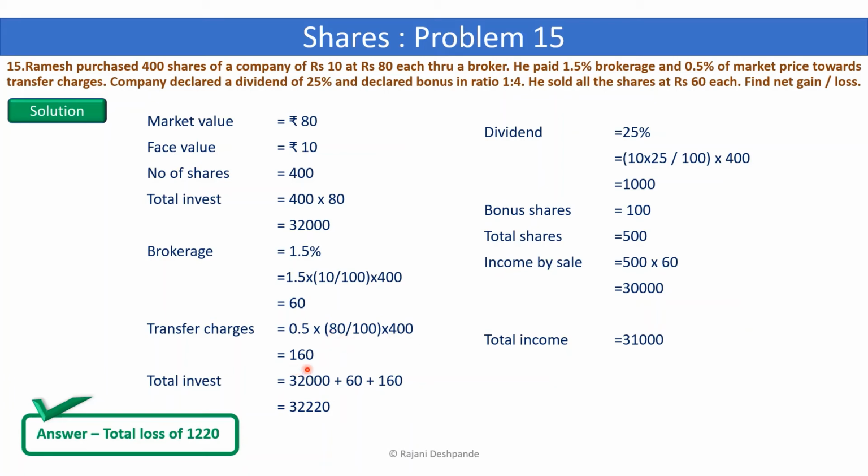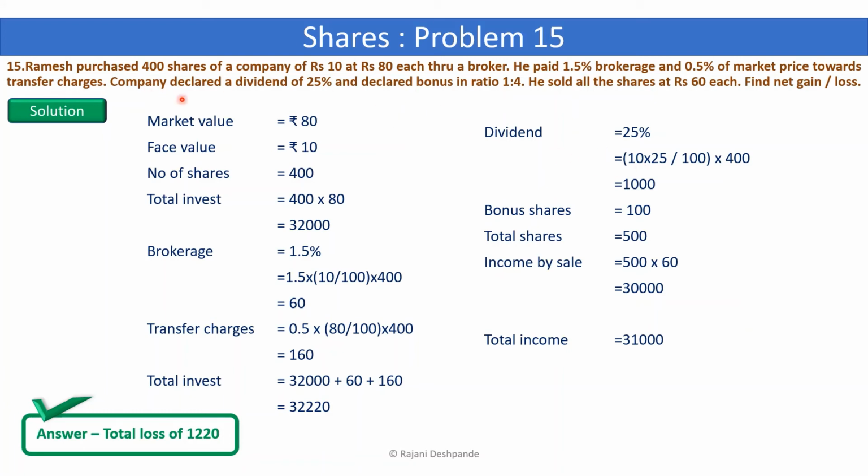So it is 160. So the total investment here is, he paid 32,000 for the shares, 60 rupees as a brokerage and 160 rupees as the transfer charges. So total amount of 32,220 he invested.